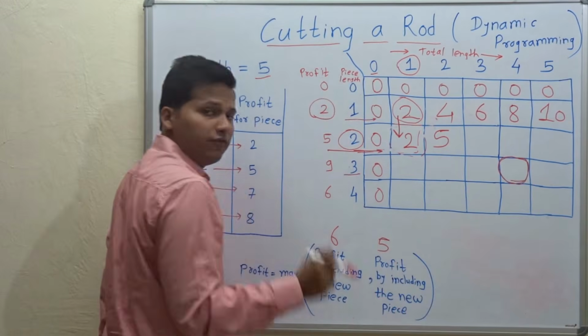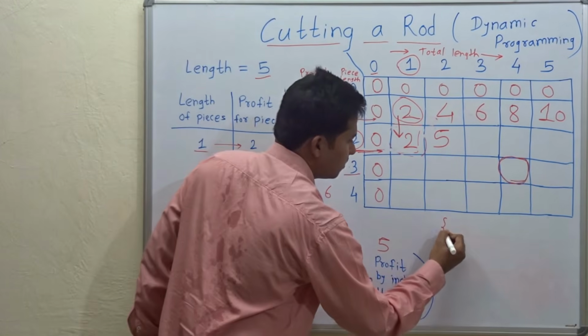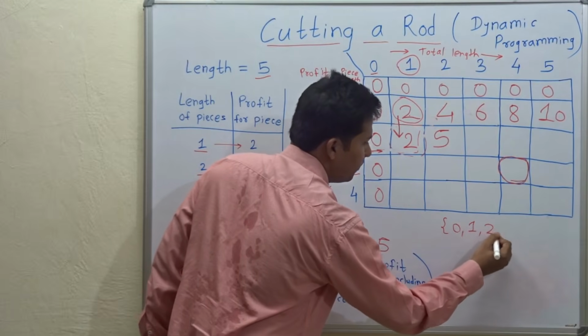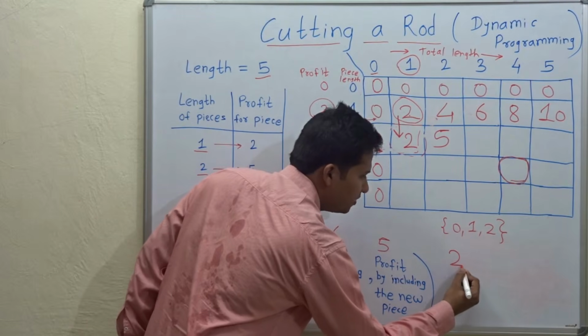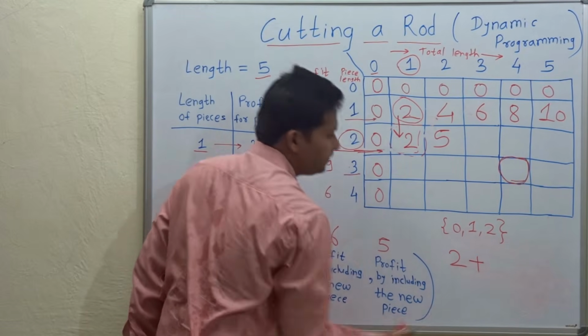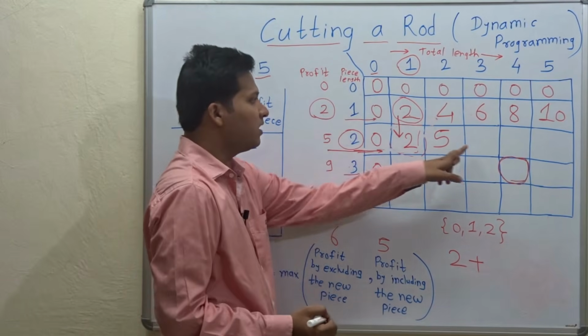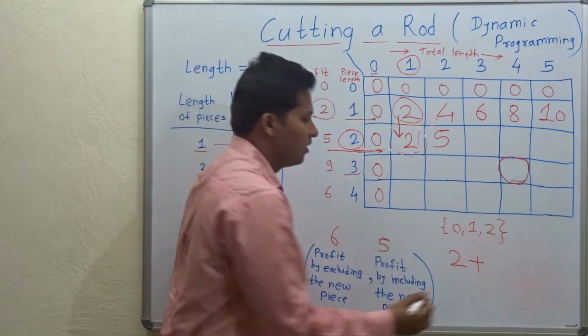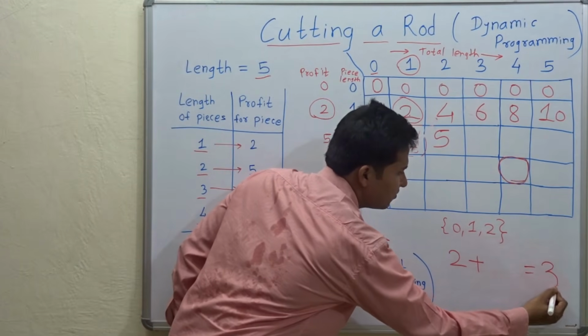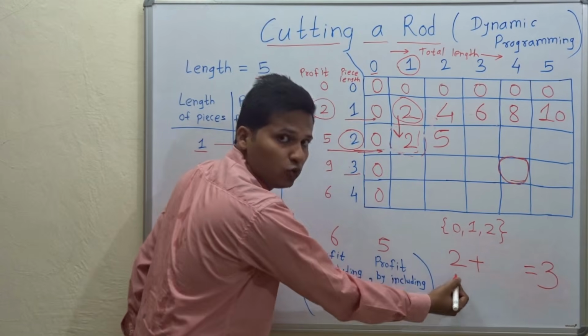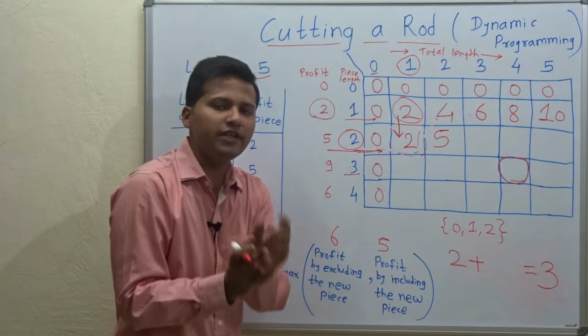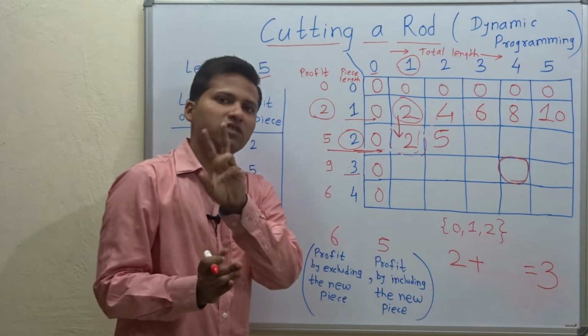Now, if you use the coins 0, 1, 2, and out of that, if you include the coin 2 in cutting the rod, and you want to make a total length of 3, and you have used a piece of length 2, means you have cut the rod into a piece whose length is 2.